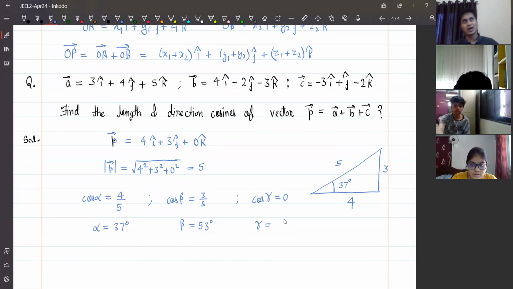Cos gamma is 0, so think about it: for what value of angle does cos theta equal 0? 90. 90 is correct.